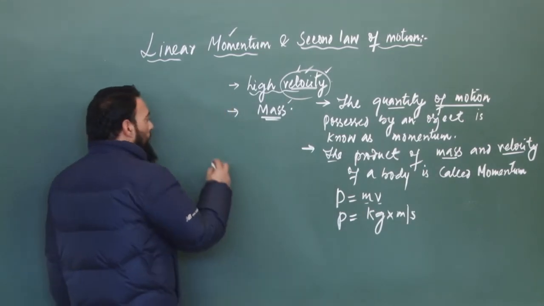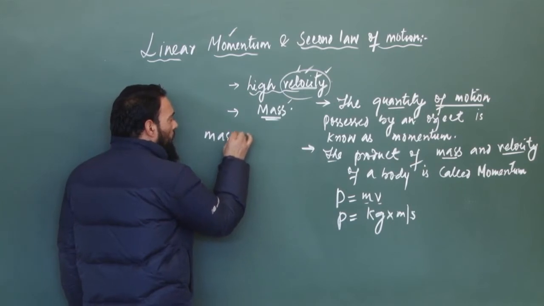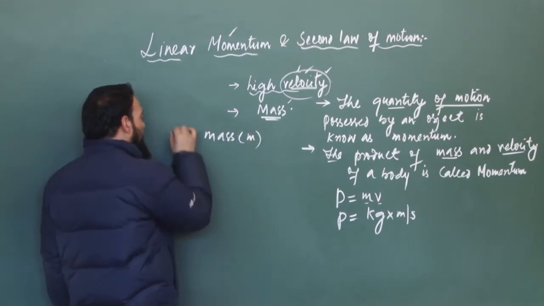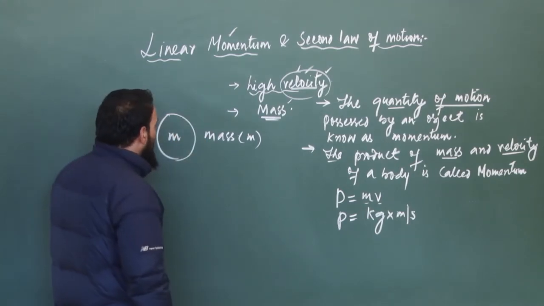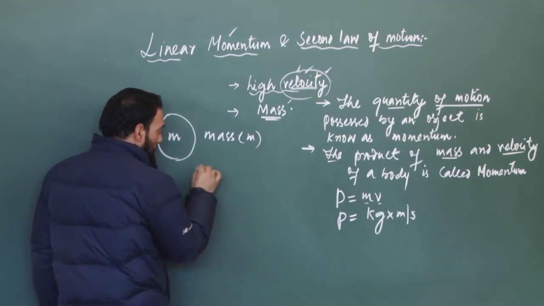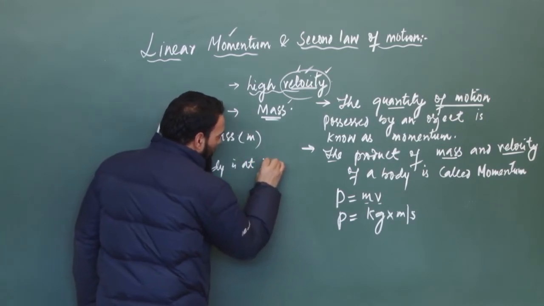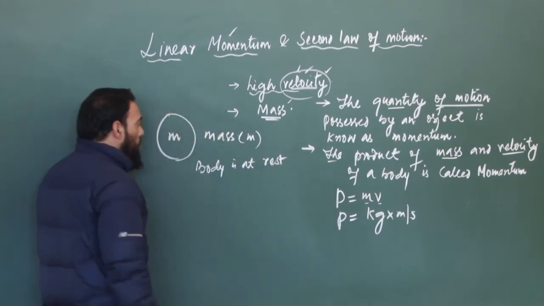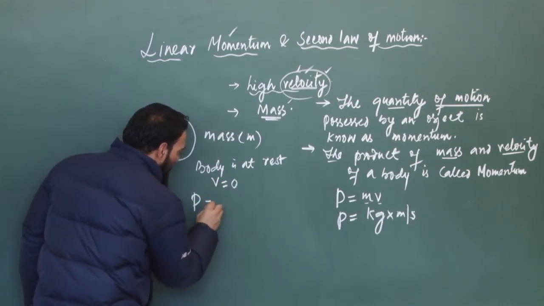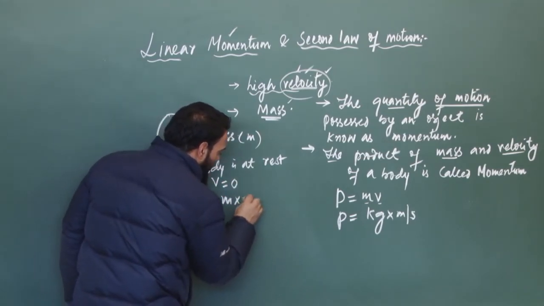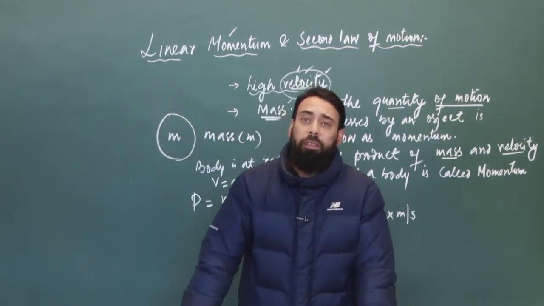A body having mass m, this is the body, it has mass m, and this body is at rest. So its velocity will be 0. So its momentum will be equal to mass into 0, that will be equal to 0. So when a body is at rest, its momentum is 0.